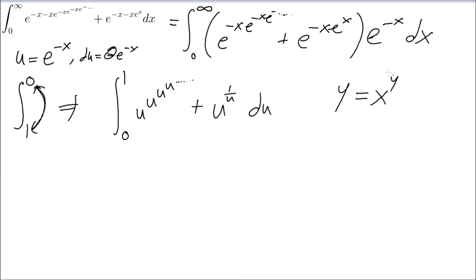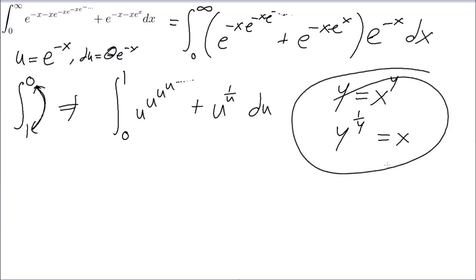But look at this, right? y is equal to x to the power of y. Then y to the 1 over y is equal to x. They are inverses to each other. It doesn't look like it, but they are inverses of each other.